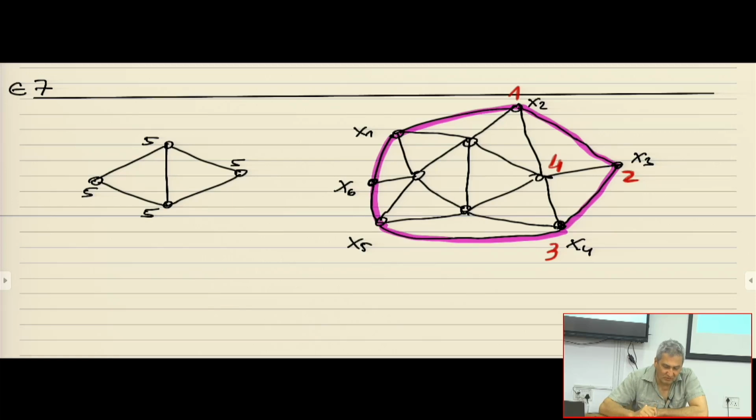Now we would like to force here to be something. So what should we put here? Maybe you should help me.